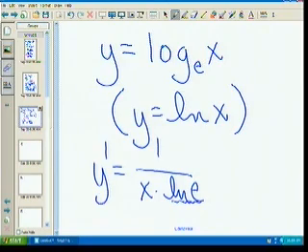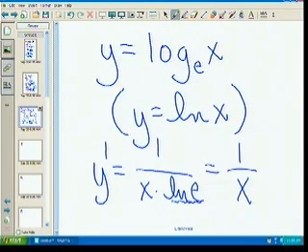What power do you raise e to get e? That would be 1, right? So if you have a natural logarithmic statement, the answer even gets simpler than a general base logarithmic statement. So it's just 1 over x. Is that just like the derivative of x over x?